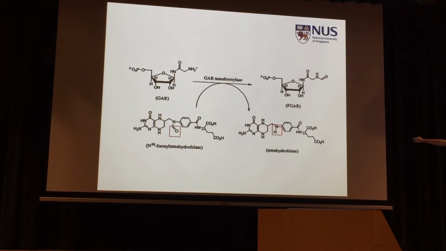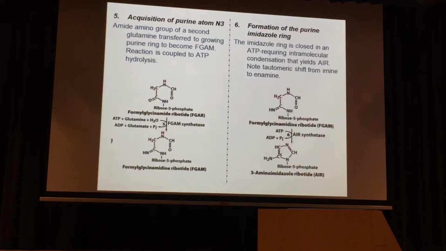Then it becomes just tetrahydrofolate. The formyl group is removed, and this then undergoes another enzymatic reaction to regenerate the N10 formyl. So in case you're wondering where the CO comes from, it's from position number 10 on the nitrogen of the tetrahydrofolate.